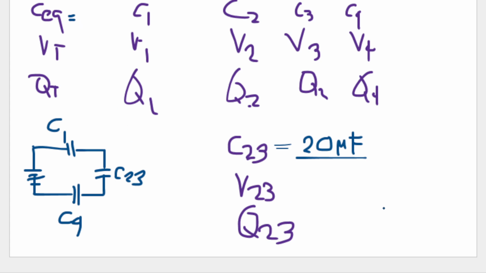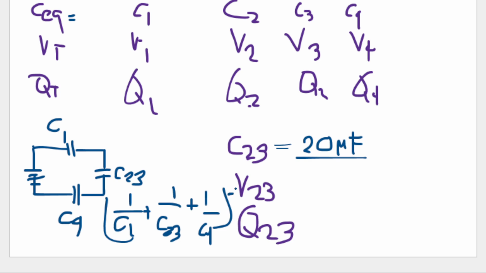So CEQ is 1 over C1 plus 1 over C2,3 plus 1 over C4, raised to negative 1. So you have your CEQ.